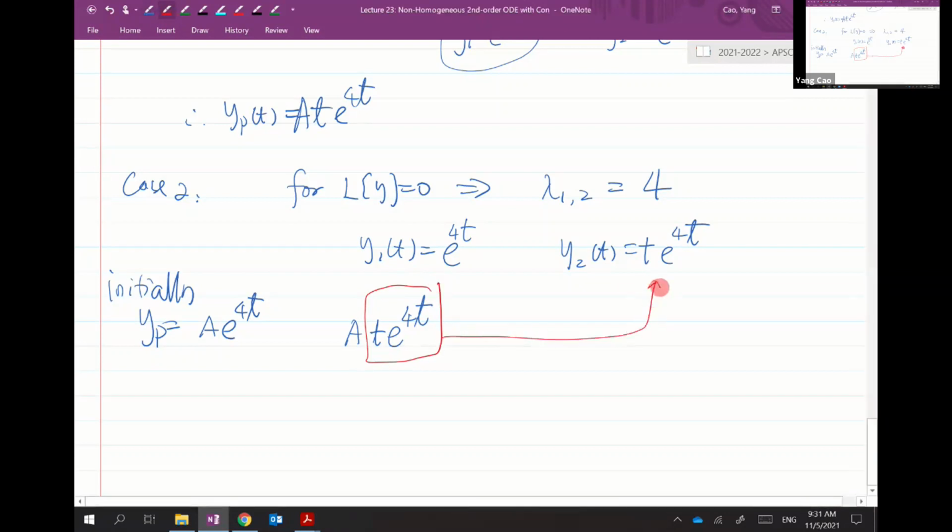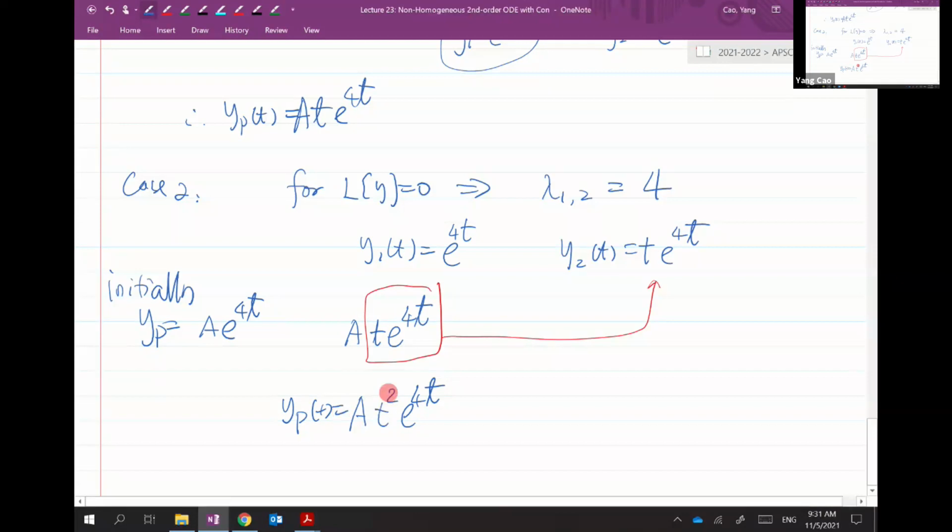It's further duplicating the other y2, right? So there's one more duplication. Then what do you do next? You multiply another t. Now this basically becomes your choice of yp of t. So you're applying the multiplication rule twice here under this situation.